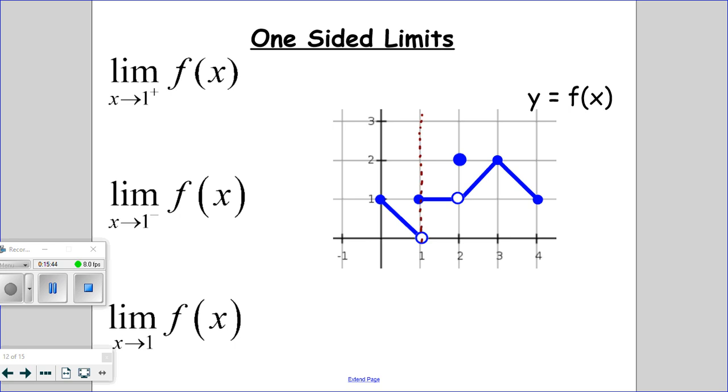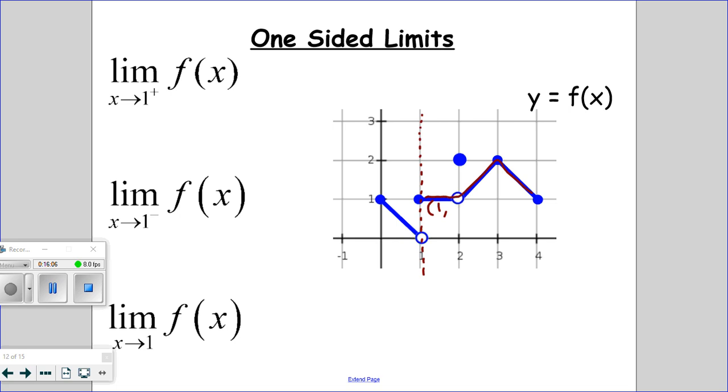There's x equals 1. The first one tells me to get on the graph at the right. Now I know there's a lot of stuff going on at the right, so I don't get distracted by all that stuff, but I'm just going to start right and trace my graph here. So I'm tracing, tracing, tracing, and I start getting close to the line, and I want to finish the statement 1 comma, what are we getting close to? 1.